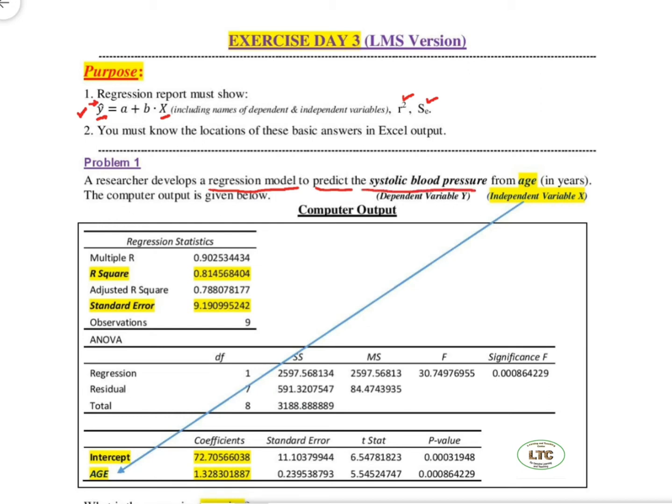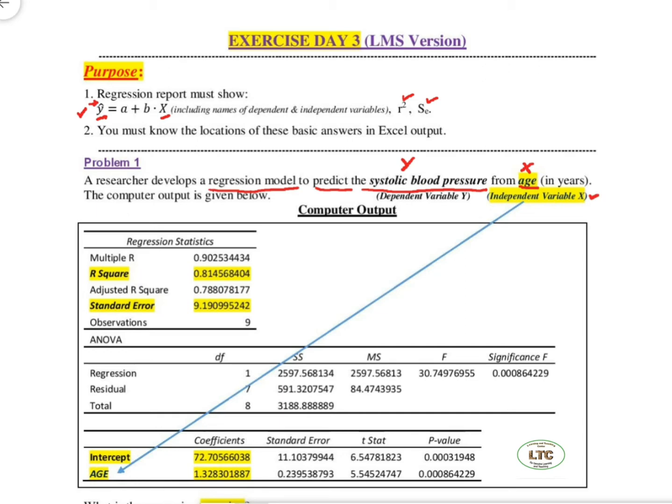Therefore, systolic blood pressure is the dependent variable y. The variable to predict is y. From age, you will use age in prediction. Therefore, age is the independent variable, or you call the predictor independent variable x.